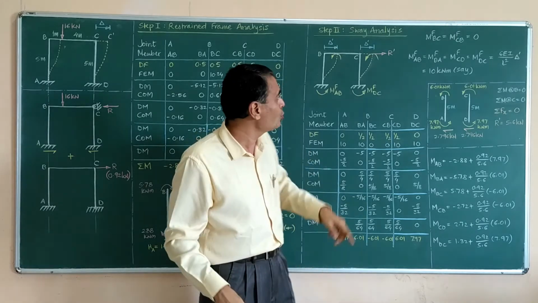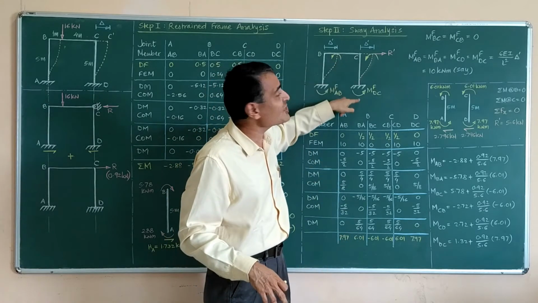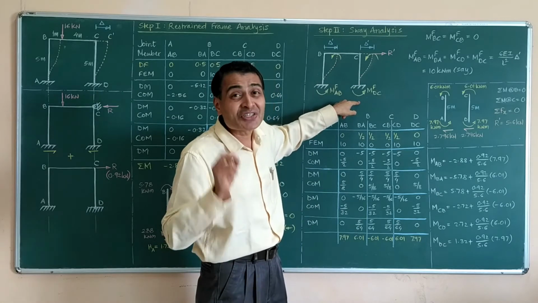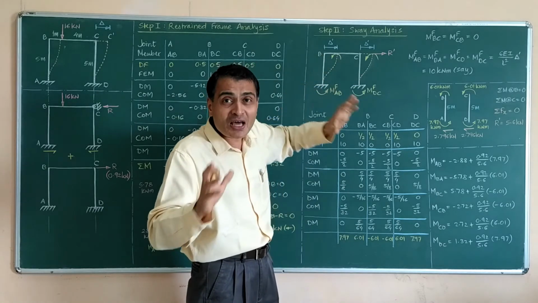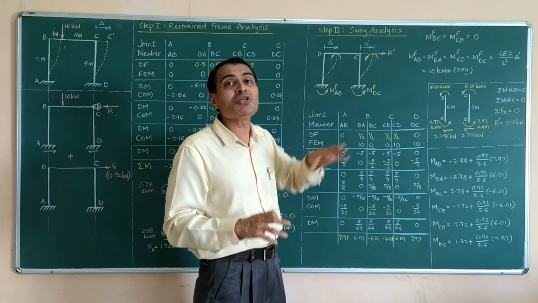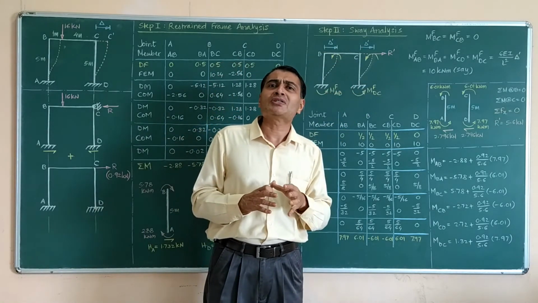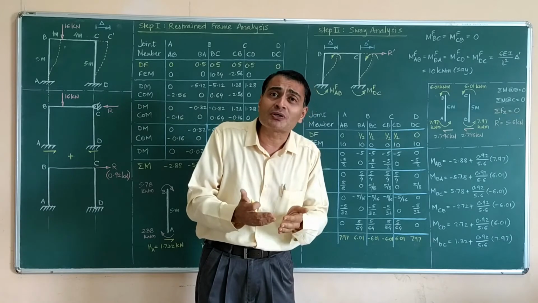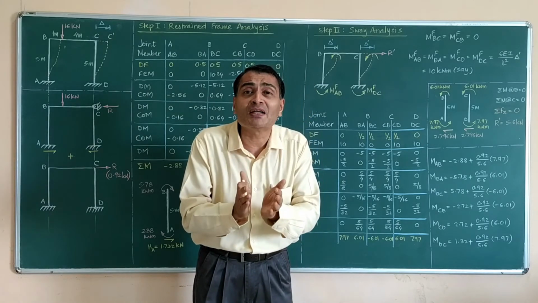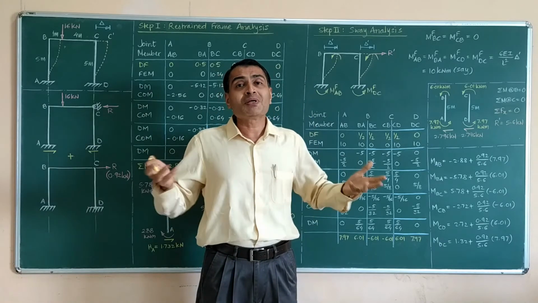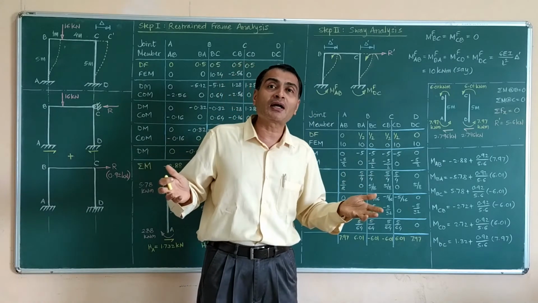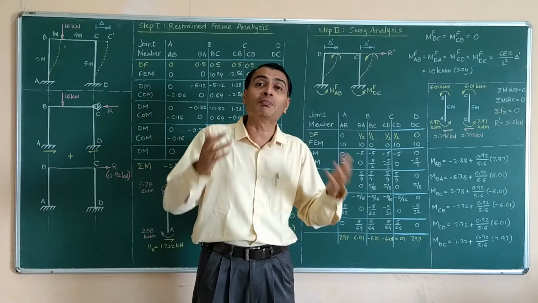So coming back, since all these are anti-clockwise, and since E, I and L are same, we are assuming that their magnitude is same, and for the sake of moment distribution, I am choosing that magnitude to be 10 kilonewton meter. Now you may say, why 10, why not 100, why not 10,000, why not 1 million?